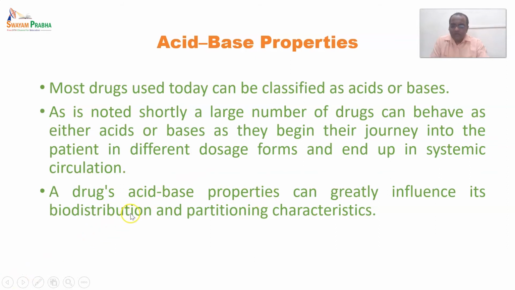So during drug designing, it is important to understand the acid-base properties and the site of action where we desire it, and the lipophilic and hydrophilic balance is also important. Along with this balance, a scientist should consider the acid-base properties of the drug, because they are responsible for biodistribution and partitioning characteristics, and ultimately for the therapeutic effect of any drug.